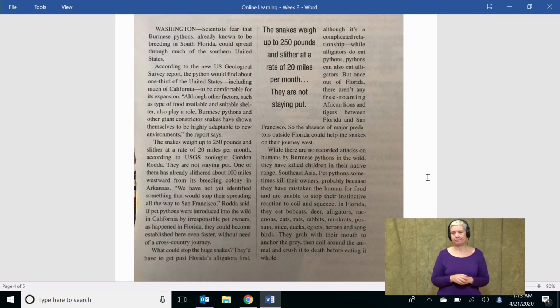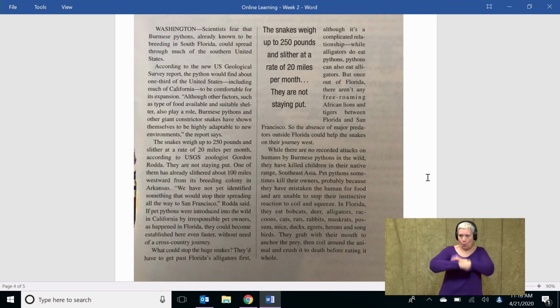While there are no recorded attacks on humans by Burmese pythons in the wild, they have killed children in their native range, Southeast Asia. Pet pythons sometimes kill their owners, probably because they have mistaken the human for food and are unable to stop their instinctive reaction to coil and squeeze.